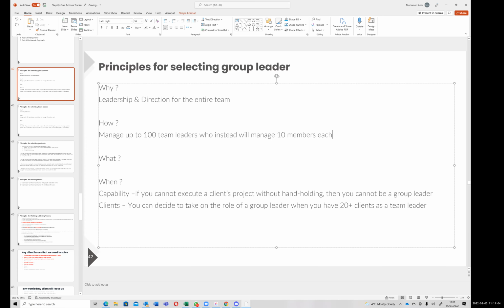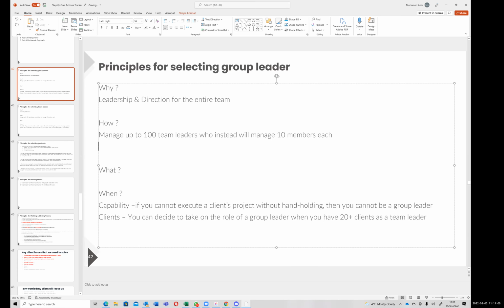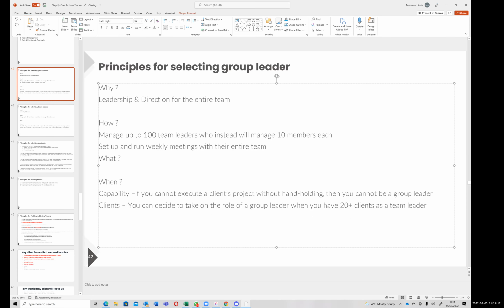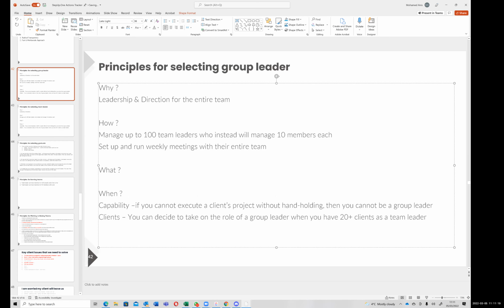If a team leader is to become a group leader, where does that person get the team leaders from? Because as a group leader, you must have some team leaders under you whom you manage. Yeah, just simply take one by one, just like how Bahana is going to build his team leaders, you have to build yours. You will start with nobody, then you will build one, then you'll build two. That's how you build.